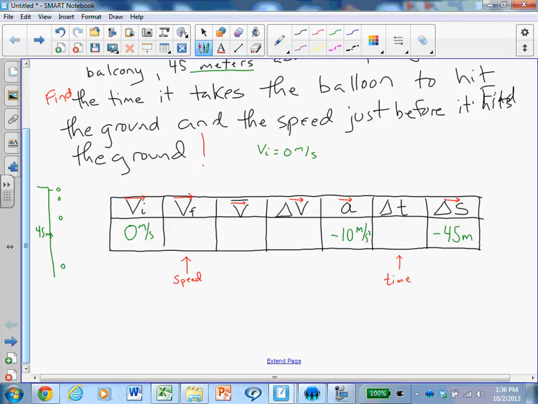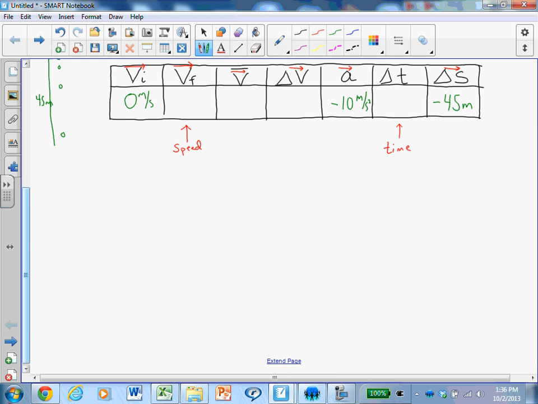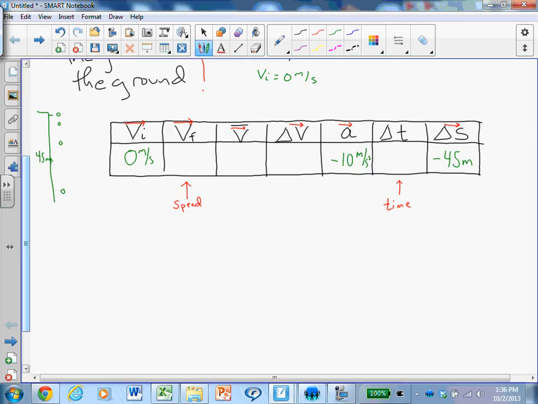Now this is one of those problems where we have the acceleration and the distance and the initial velocity, and we're going to use one of our longer equations to get VF in this case. The nice thing about this one is the VI just cancels right off.